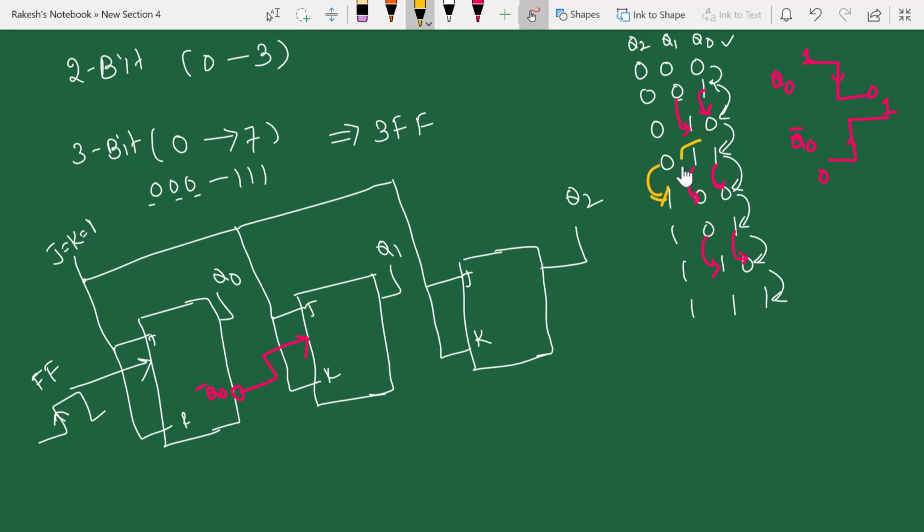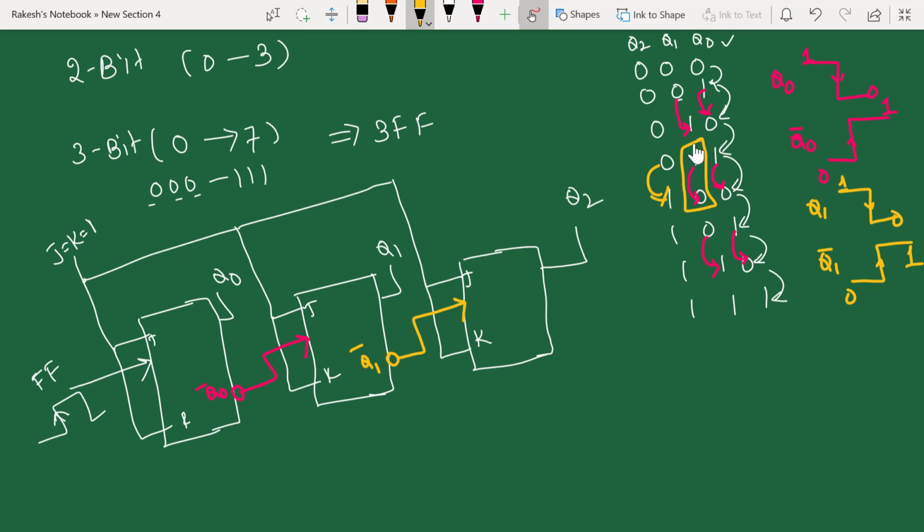At only one place is your Q1 moving from 1 to 0. At the same time, your Q1 bar will move from 0 to 1. So I'm going to take my Q1 bar and make it the clock for the third flip-flop.